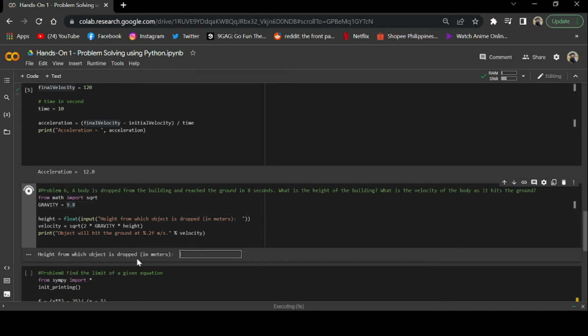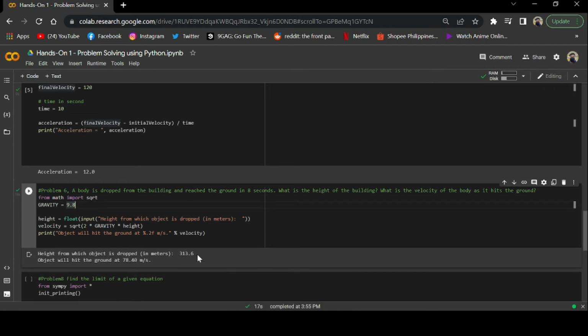So we need to find the final velocity of this problem. So let's try to run. Our height is 313.6 meters. So the object will hit the ground at 78.40 meters per second. So as you can see, it's a little bit explained. I don't know how to input the height of the building in Python, but I have a set of solutions here for problem 6, which I have written in a notepad.